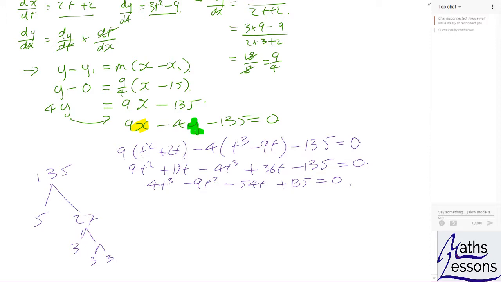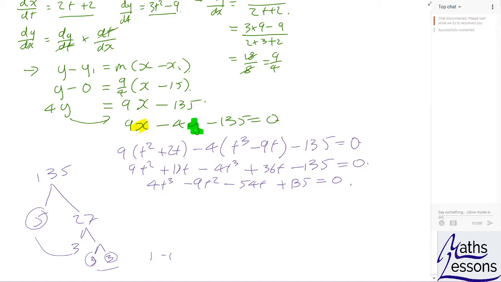First of all, we're going to use the factor theorem. So I'm going to always try 1 and minus 1 in it. And if we try 1 and minus 1, we can see quite rapidly it's not going to work. It's not going to give us 0. So let's try 3 and minus 3, our next nearest factors. We've got 3, and then 5, 15, and 9. We can try all of those, but I'm going to always try the small ones first. So we put 3 in here.